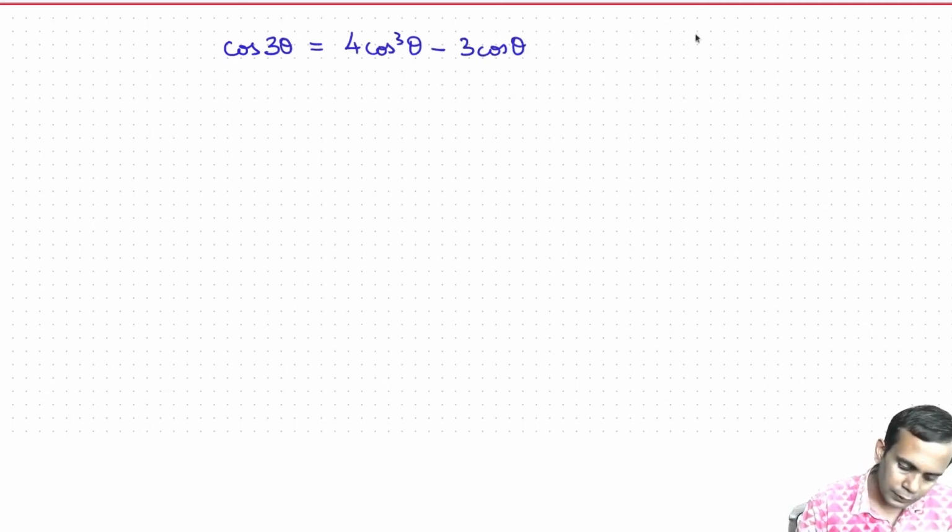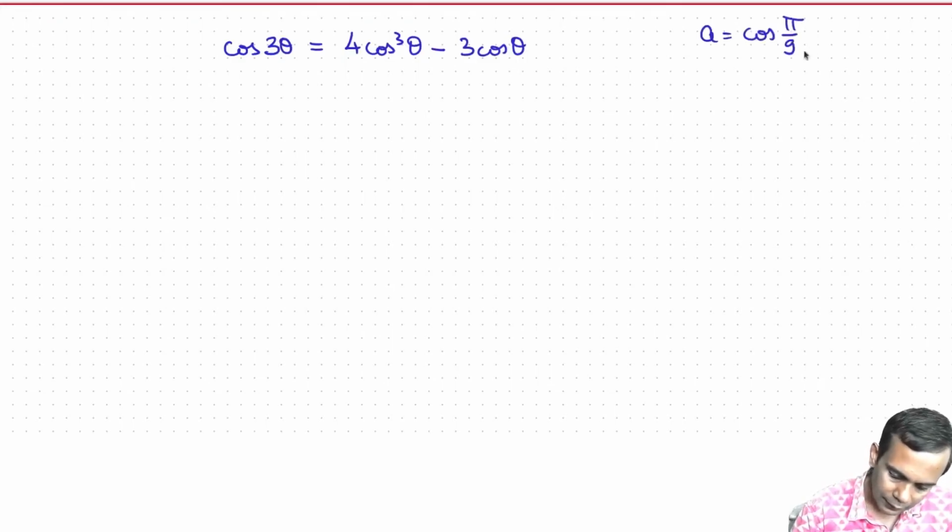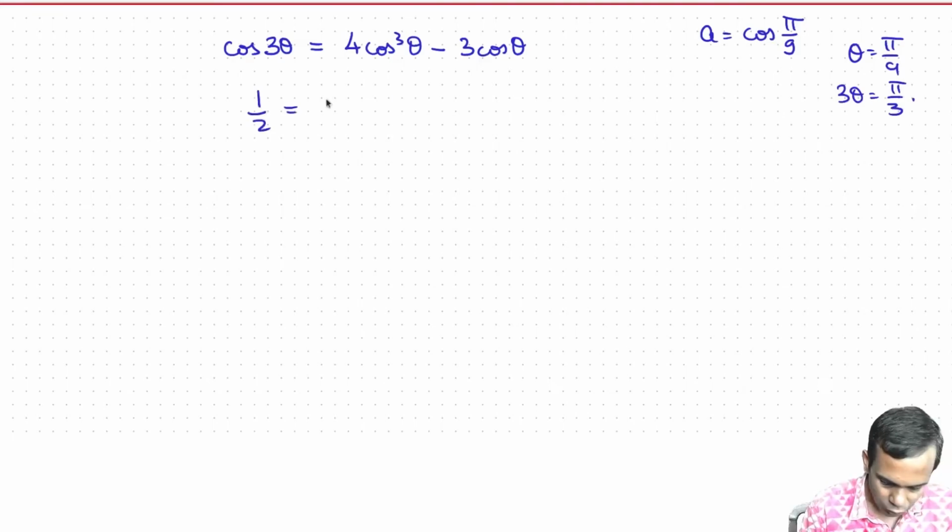So now we have a equals cos pi by 9, and so this is theta. 3 theta is pi by 3. So what we get is cos pi by 3, which is half, is equal to 4a cubed minus 3a.